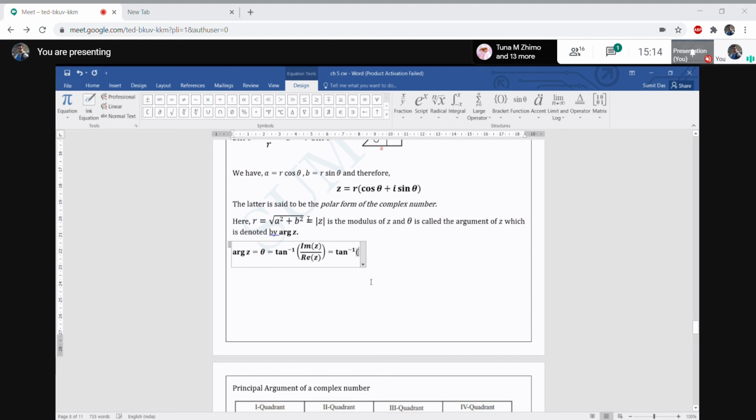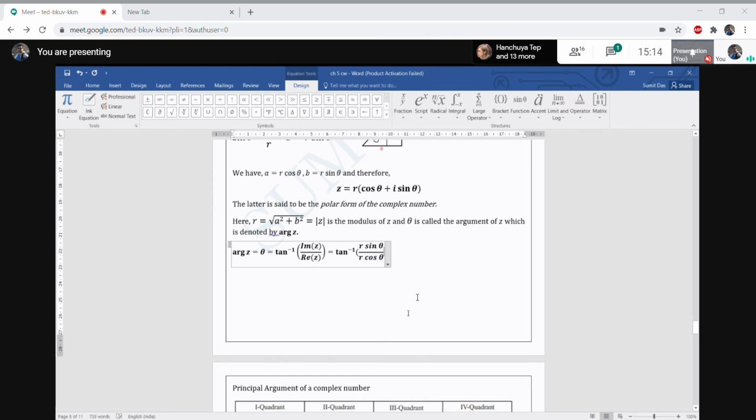What is the imaginary part of z? It is r sine theta, right? And what is Re? Re means real part. Real part is r cos theta.